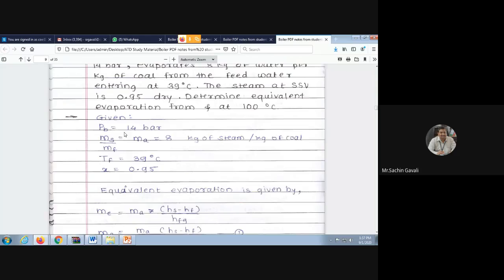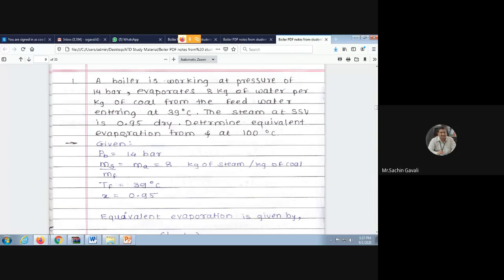Okay. A boiler is working at a pressure of 14 bar. If it is visible you can write only.